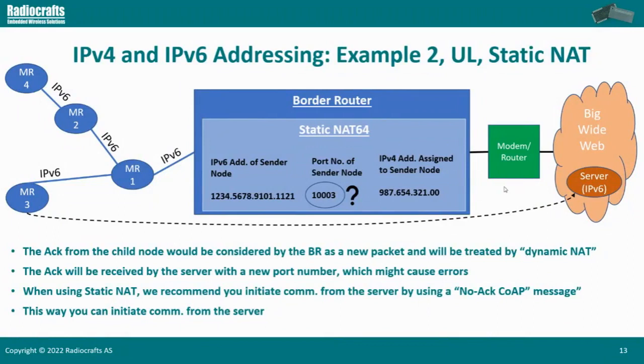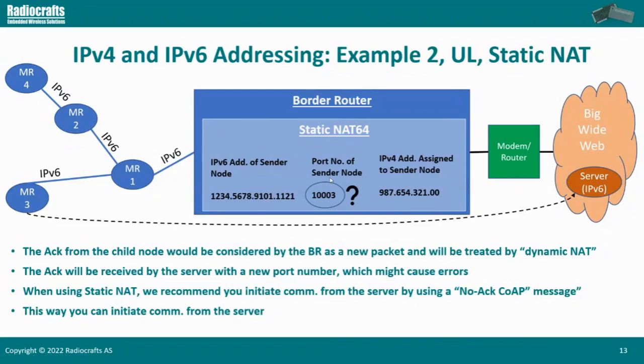You might be asking which one is working by default in the border router, static or dynamic? Well, as you can see, they are not either-or. They are both there and they are both working by default. It depends. If you start communicating from a mesh node, like mesh node number 3, for example, and it starts sending up, then of course it will be routed using dynamic NAT, as we discussed in the first example.